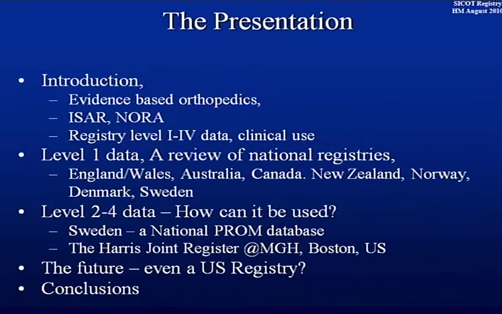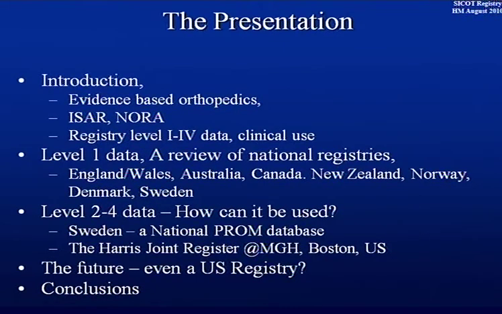So I will give a short introduction, tell you what the International Society for Arthroplasty Registries is, and the Nordic as well, and then how we classify register data, where level 1 is what you should start up with when you start a registry, and down to 4, which is radiographic interpretation. I will give you examples of these different levels from different registries, level 2 to 4 data.